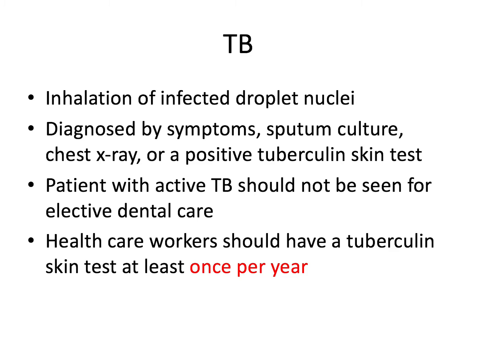So TB is diagnosed by, and fortunately there are a lot of different ways we have to diagnose TB. Symptoms include coughing up blood, night sweats, and very high fever, and this is pretty specific for tuberculosis.